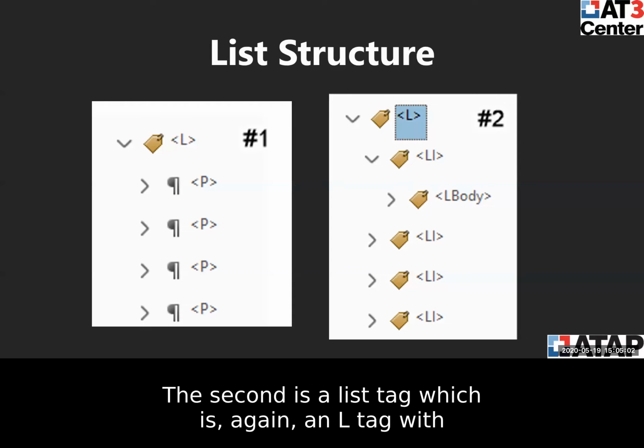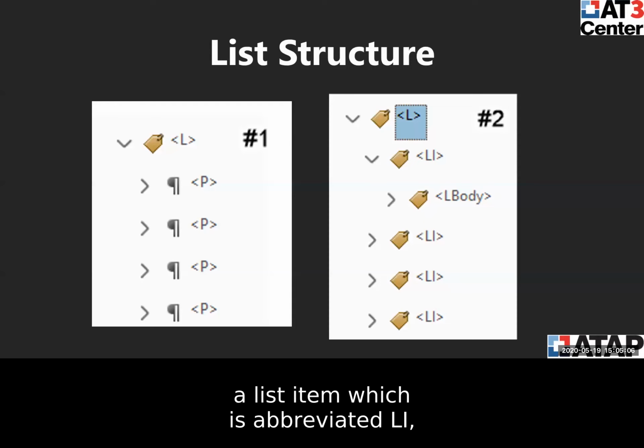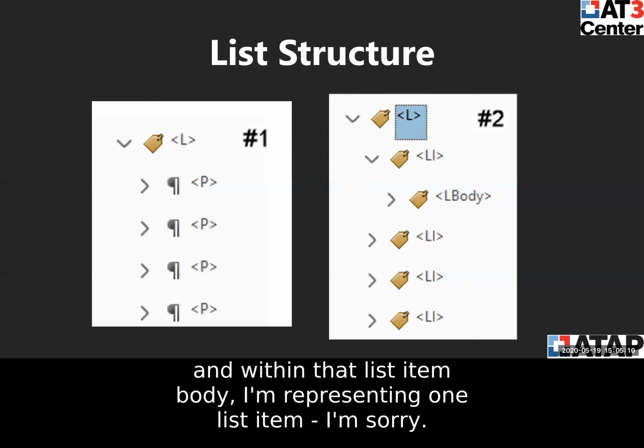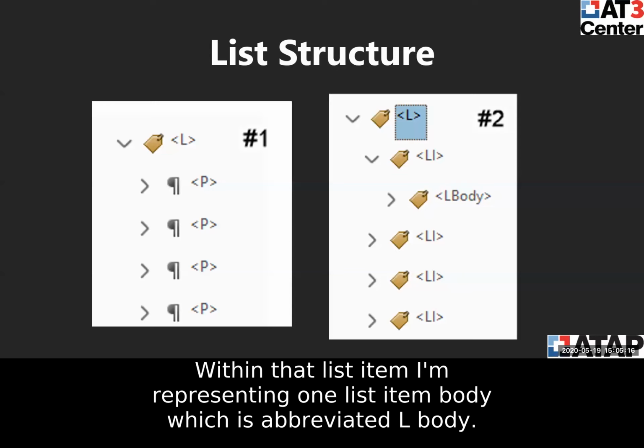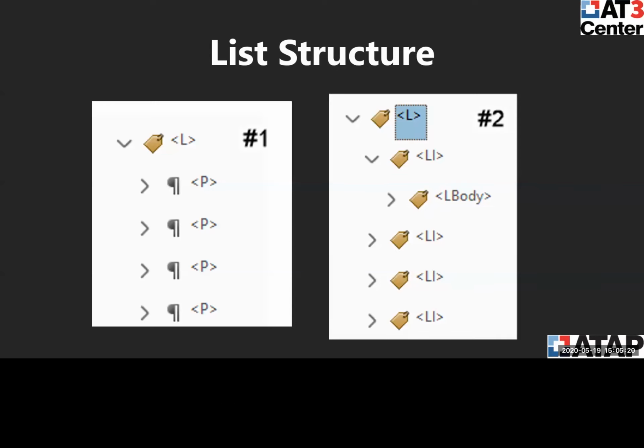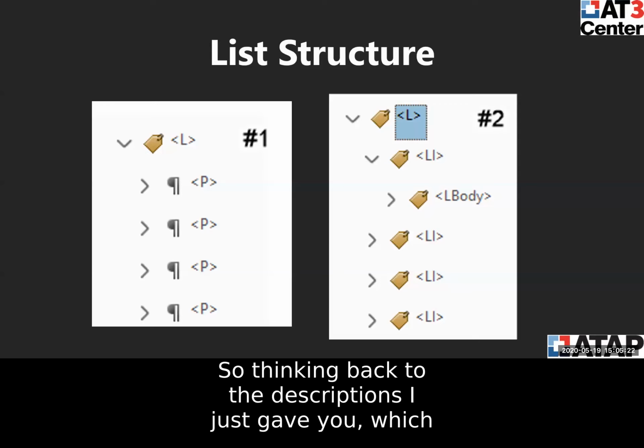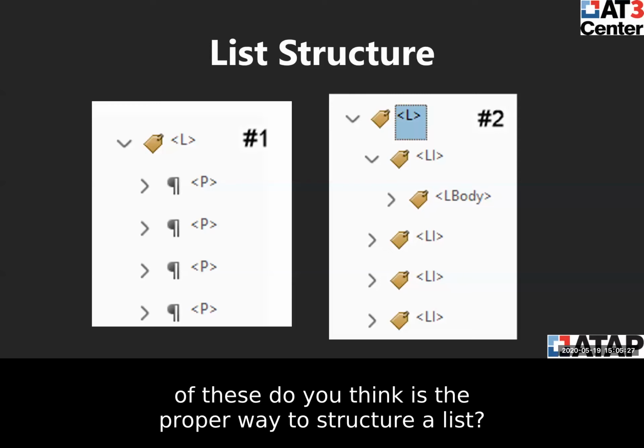The second is a list tag, again an L tag, with a list item, which is abbreviated LI. And within that list item, I'm representing one list item body, which is abbreviated L body. So thinking back to the descriptions I just gave you, which of these do you think is the proper way to structure a list?